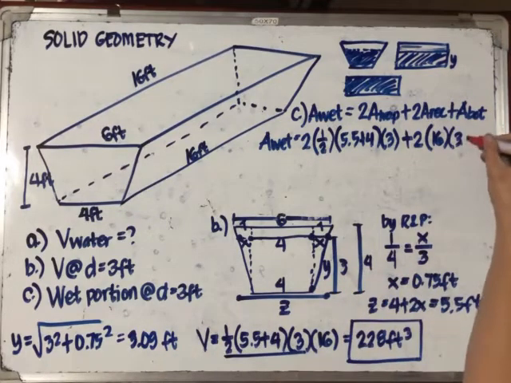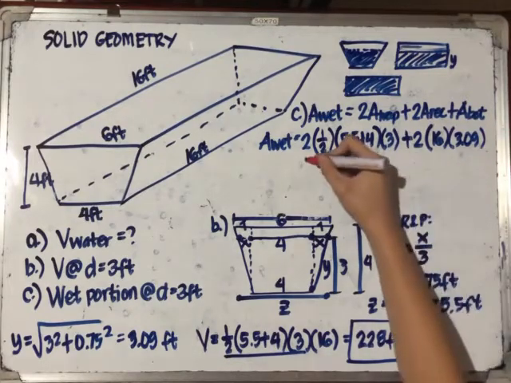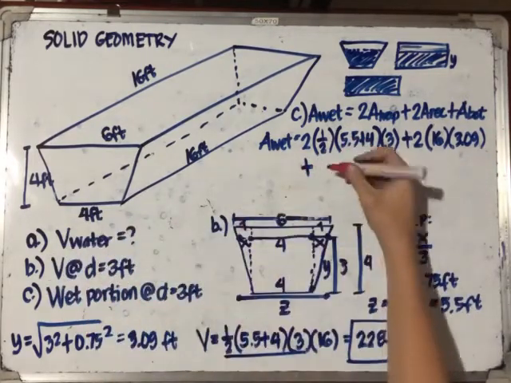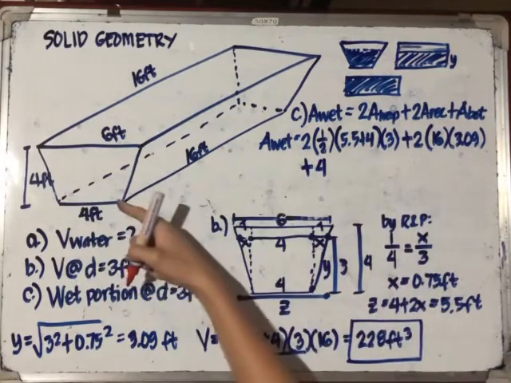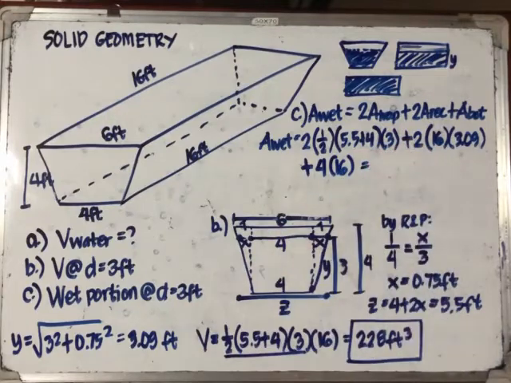So you put the 3.09 here, plus the area of the rectangular bottom. That is obviously 4 feet in width and 16 feet in length. Okay? In total, let me compute it first.